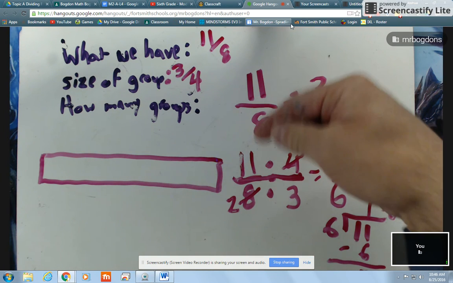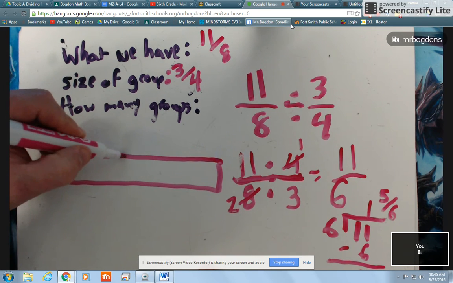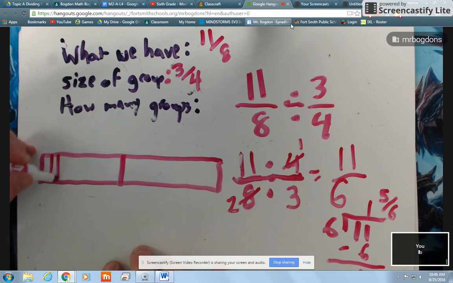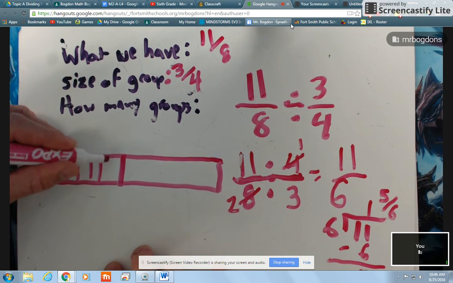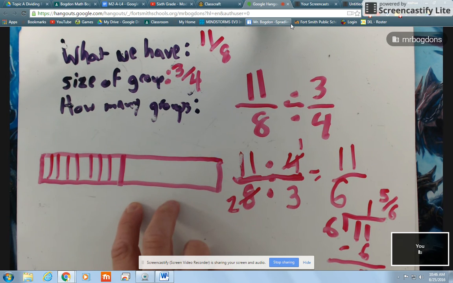Because it's an improper fraction. So how many eighths are in the first one whole? 8. Yeah. So here's 1, 2, 3, 4, 5, 6, 7, 8 eighths. I still need some more. In fact, I need 3 more eighths.